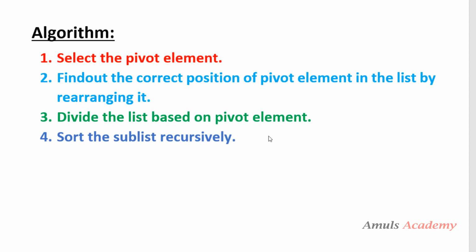Next we'll write the program. Actually we'll use three functions in this program. The first and second functions are user defined functions. Next we'll use the main function to take the input as well as to print the output. The first function finds the correct position of the pivot element.